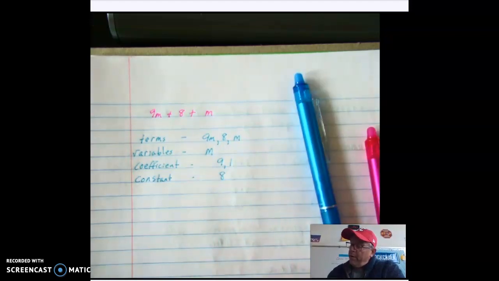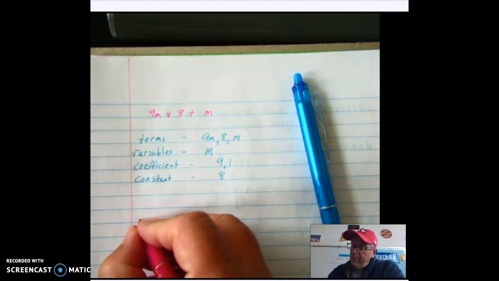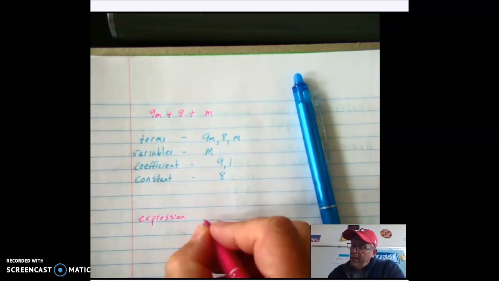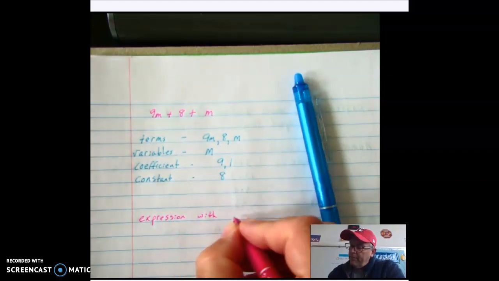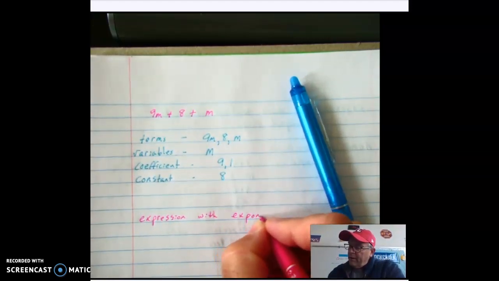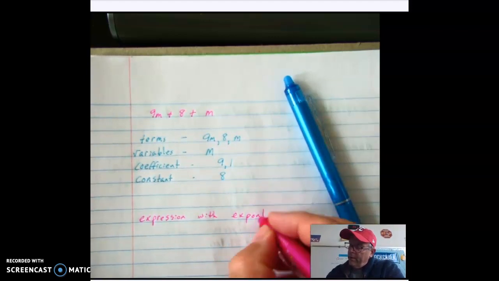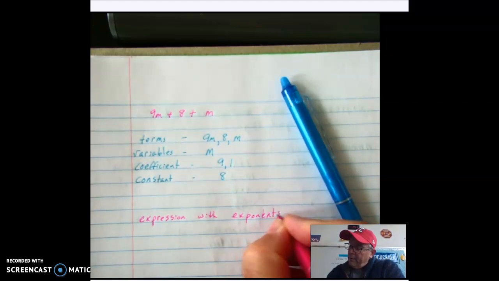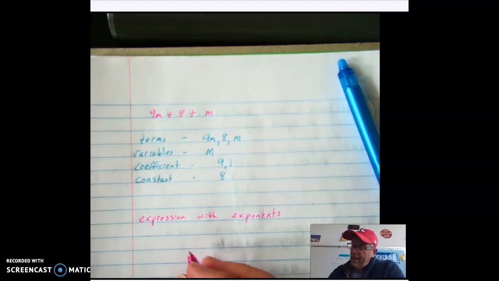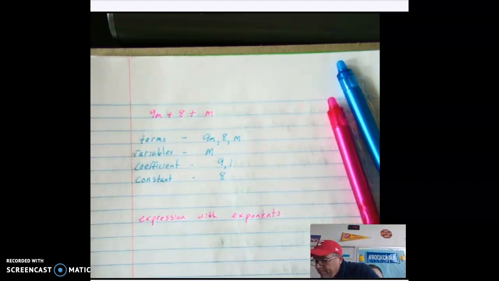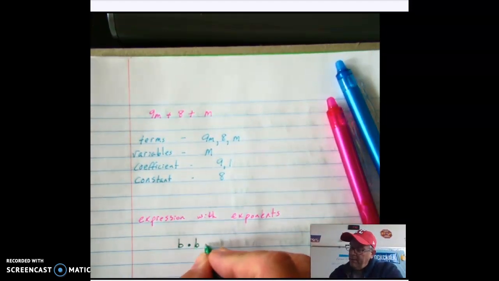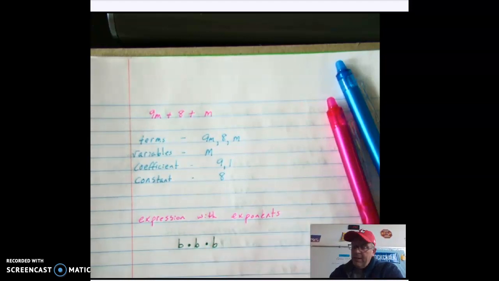I want to show you one other thing. When we're writing expressions, we can also do some expressions and incorporate exponents in it. So this is kind of cool. Oops. It would even be cooler if I spelled that right. So if I gave you this, let's say that I had b times b times b.